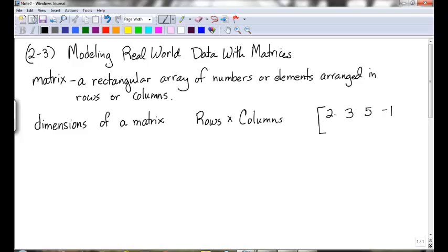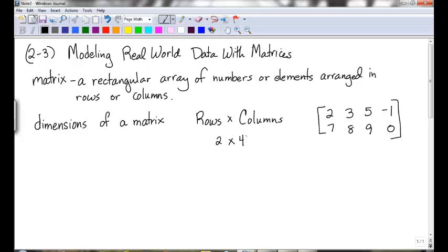Second row across is 7, 8, 9, 0. Now the dimensions, it's always the rows, so you count how many rows there are. There are 2. How many columns are there? There are 4.